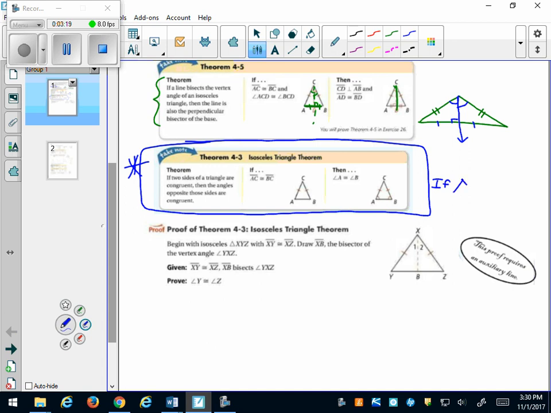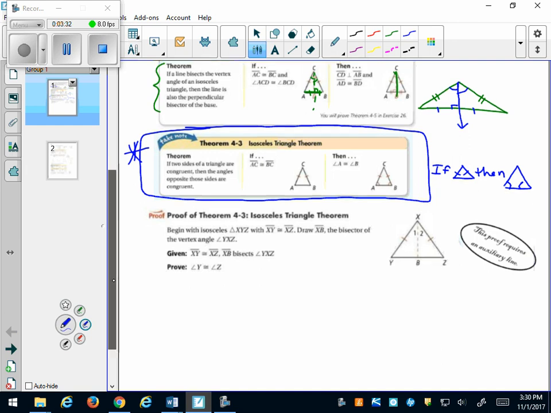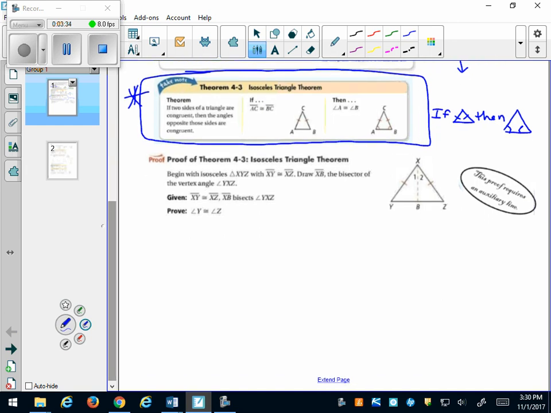You can abbreviate it like this: if two sides are congruent, then the angles across from those sides will also be congruent. That's a very important theorem that we're going to use a lot, especially in proofs and in solving too.